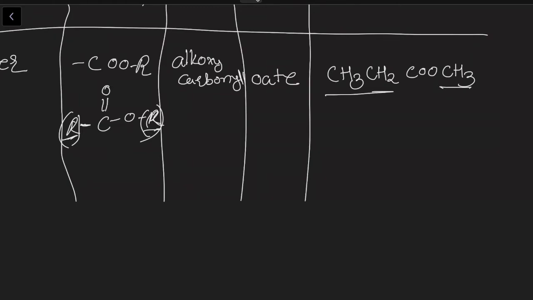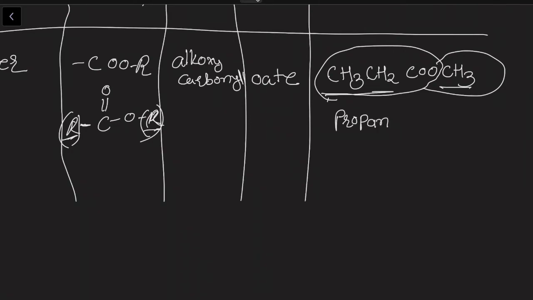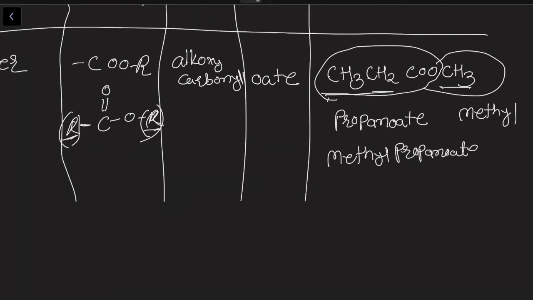And we want to name them, so this is a long chain, 1 2 3, so this is going to be one part and this is going to be a second part. So it's 1 2 3, propanoate, and this is methyl, right? So the name will be methyl propanoate.